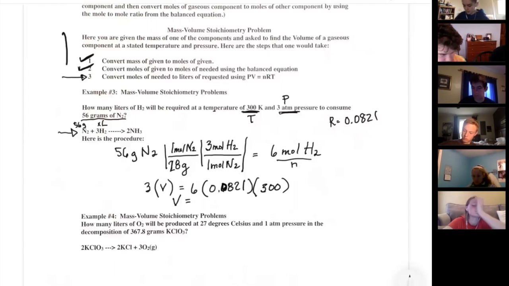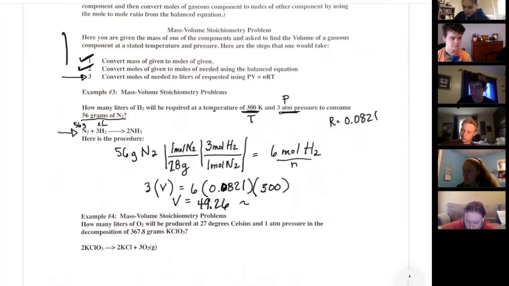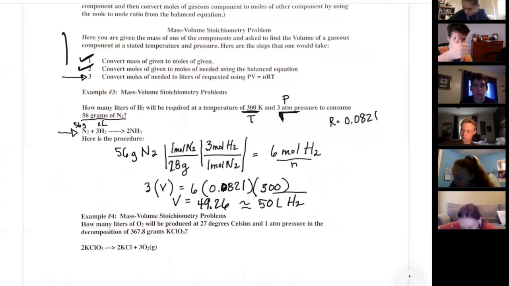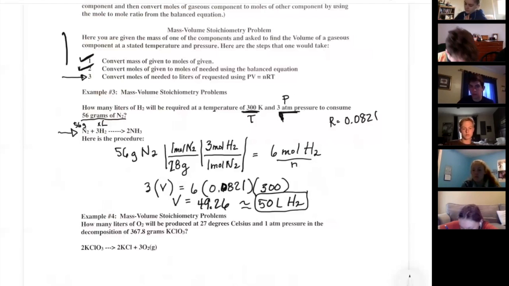Yes. And then if we went to sig figs, it's based on this 3 atmospheres. So we have to go to 1 sig fig, which would be 50 liters of hydrogen. So good job. Try example 4 on your own.